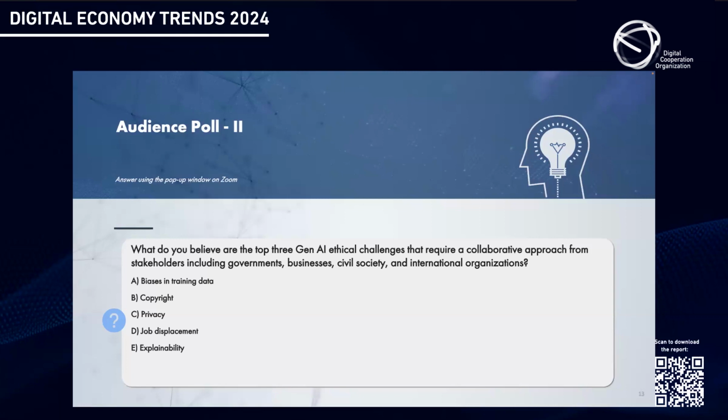What do you believe are the top three Gen AI ethical challenges that require a collaborative approach from stakeholders, including governments, businesses, civil society, and international organizations? Biases in training data, copyright, privacy, job displacements, and explainability. So I'll give you a couple of minutes to receive the answers, and then we will continue the conversations.